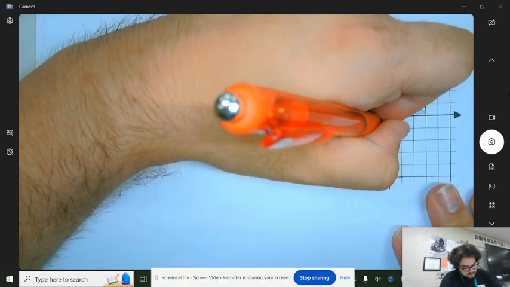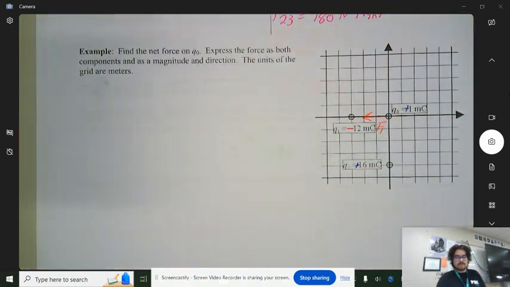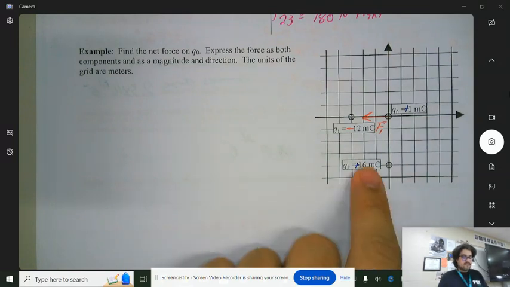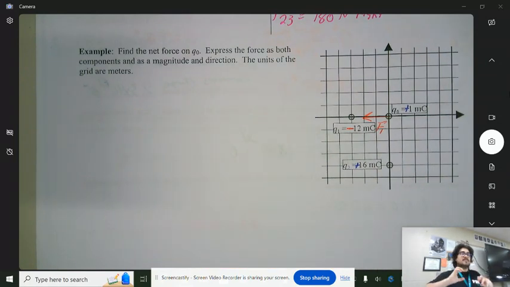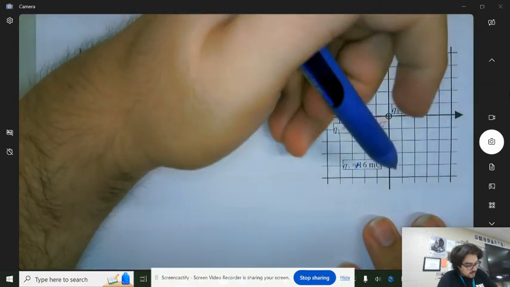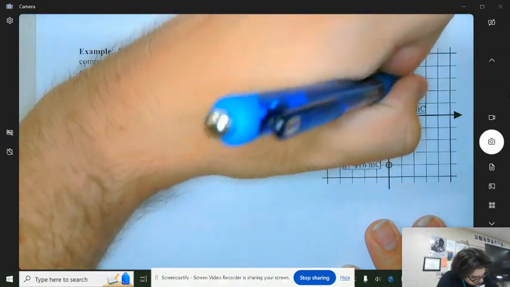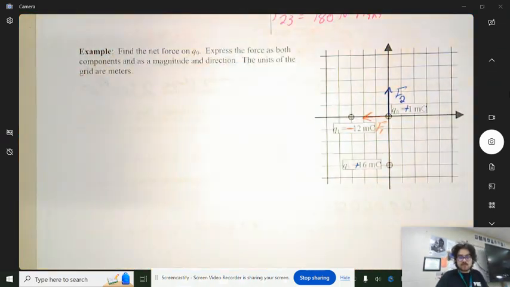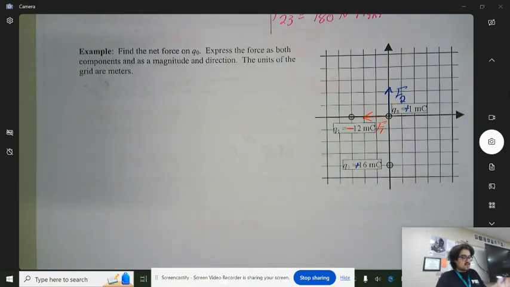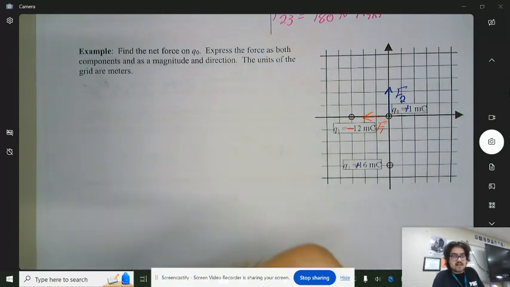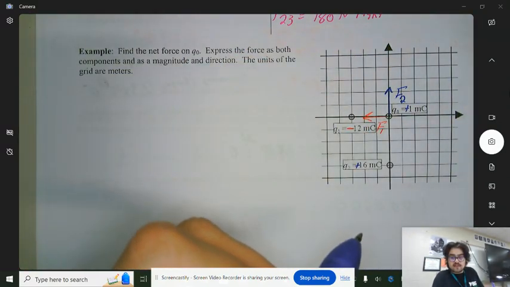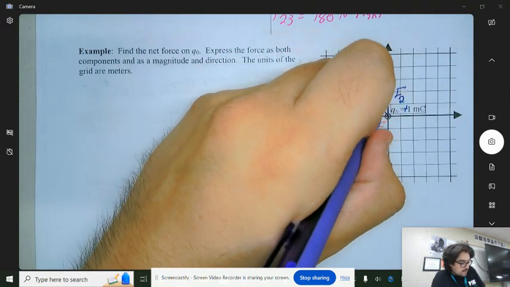Okay? This is the force of charge 1. Okay? The force of charge 2, it's same sign, so it's going to be repulsive. Okay? And that's the force of 2. And the net force is then going to be the resultant of these 2 vectors, which is just going to point up and to the left.